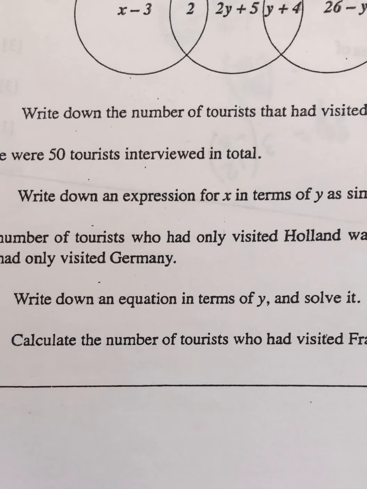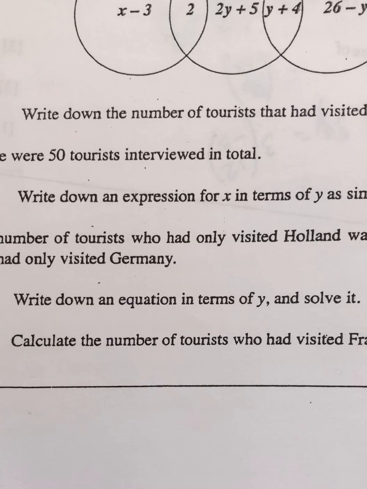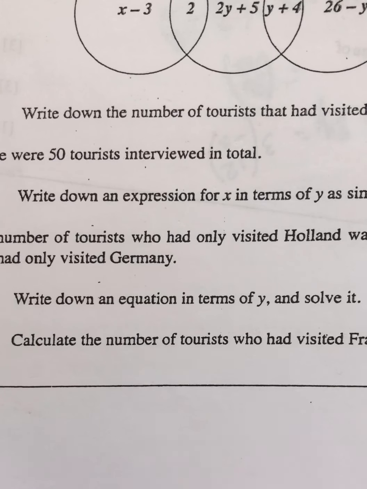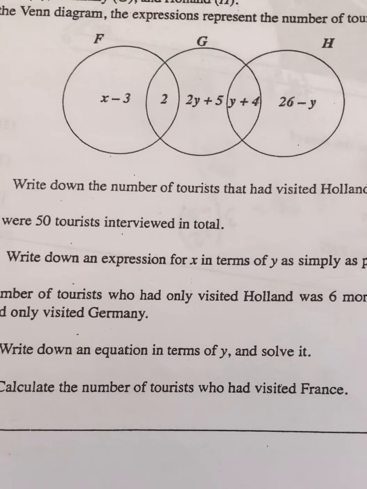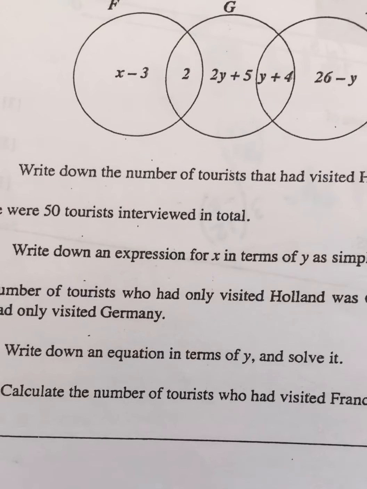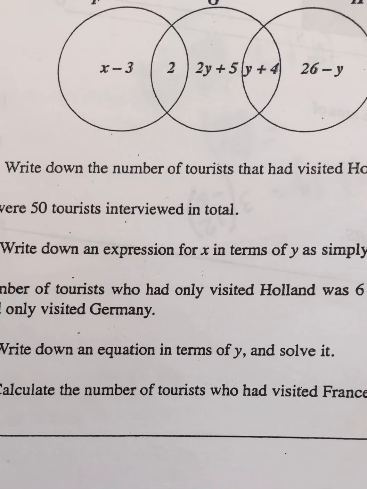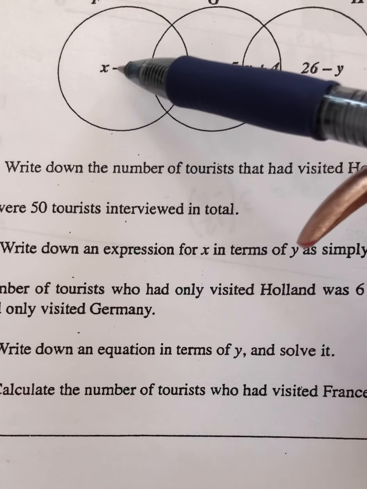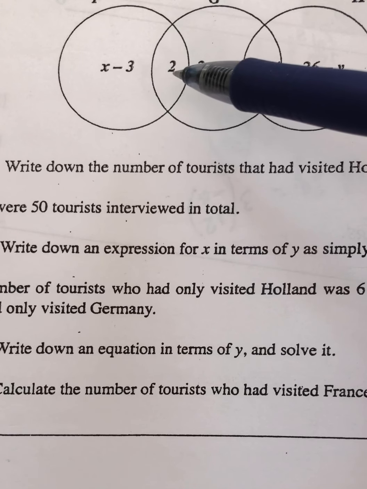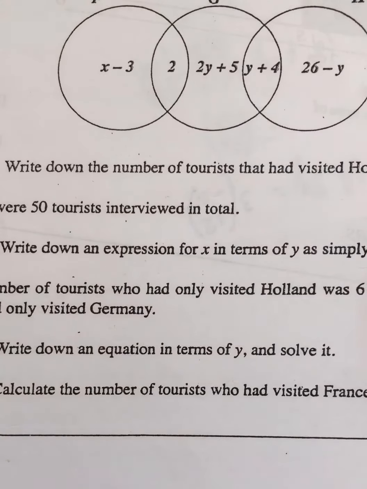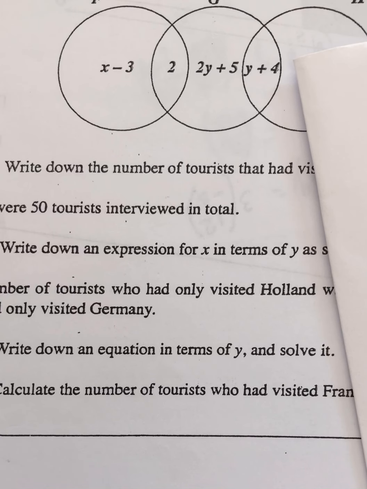Part D asks us to calculate the number of tourists who had visited France. Remember, we have France, Germany, and Holland. France is made up of x minus 3 and 2.